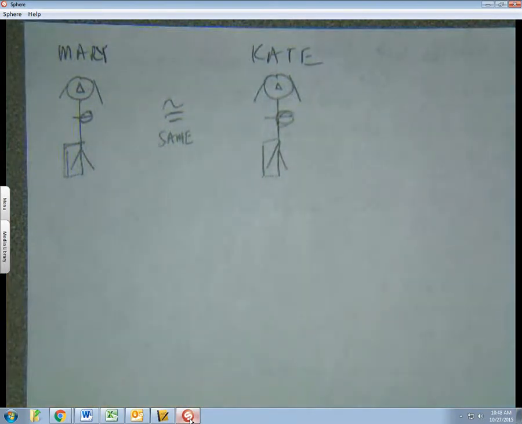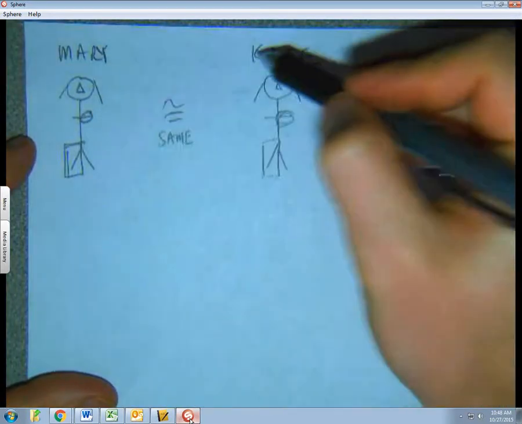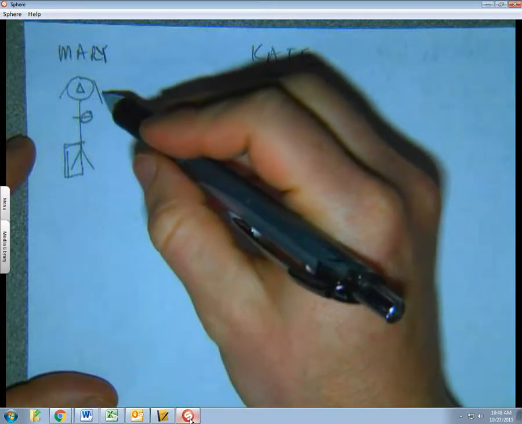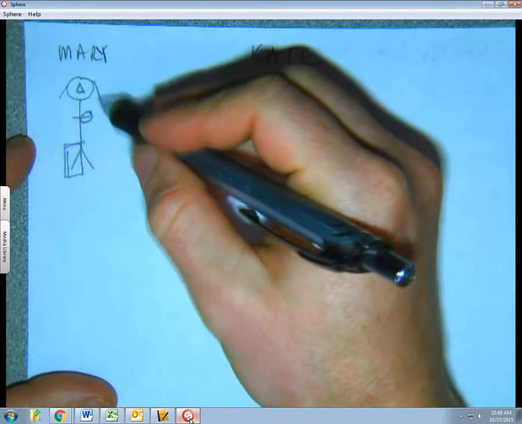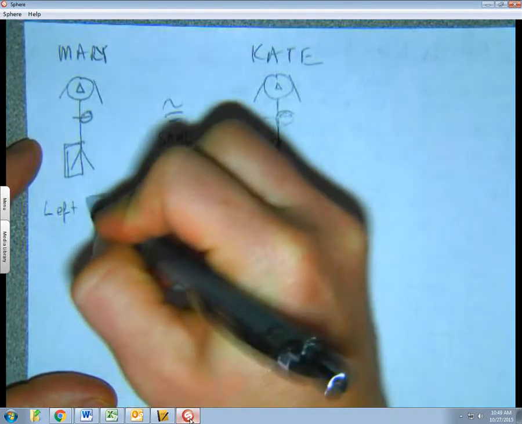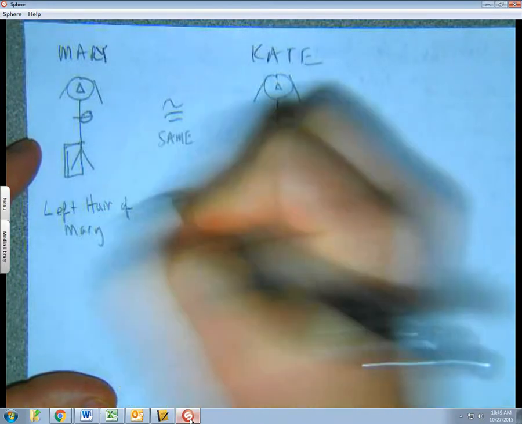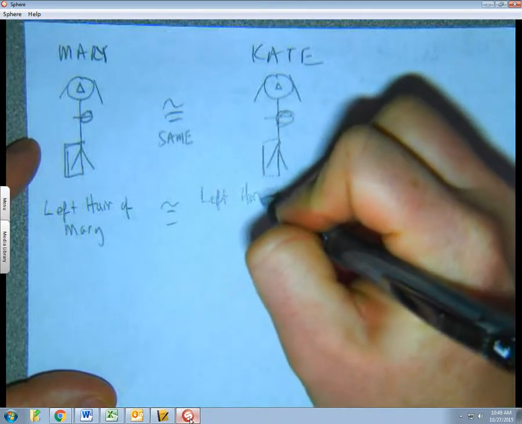Okay, so if I said, for example, and where this is going to go, the M corresponds with the K. So let's back that up. Let's say the left hair of Mary corresponds to the left hair of Kate.